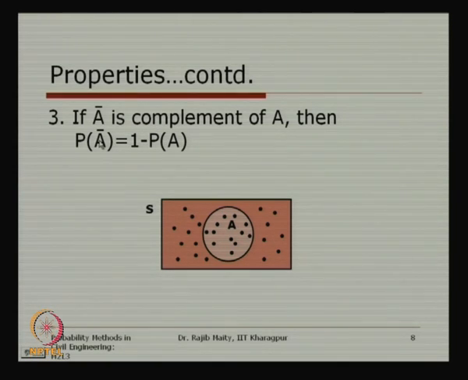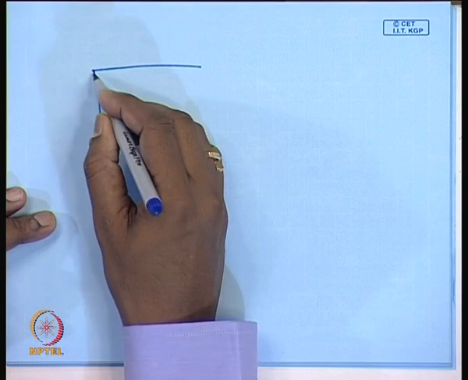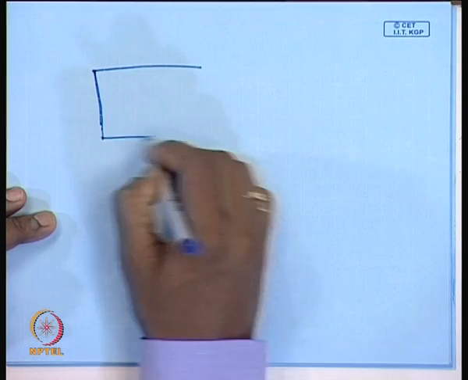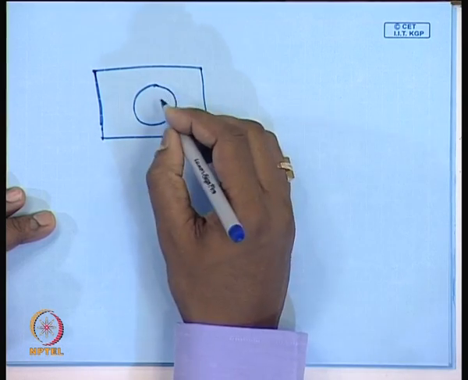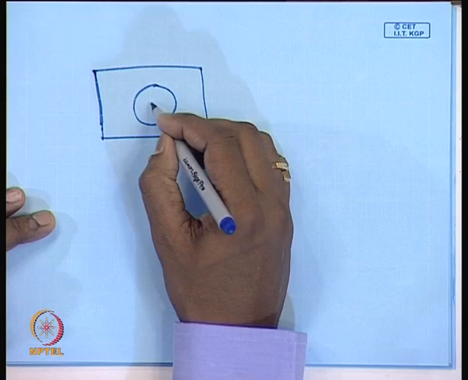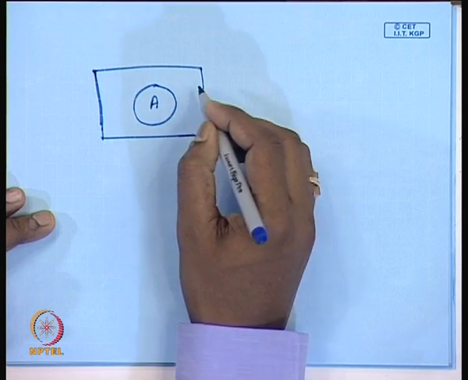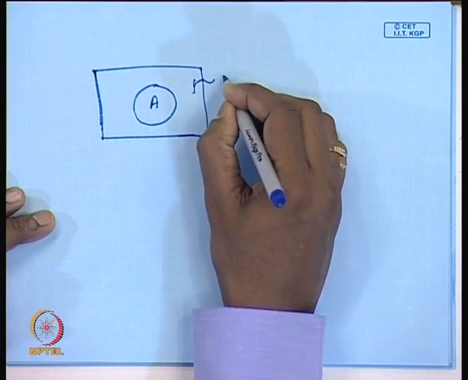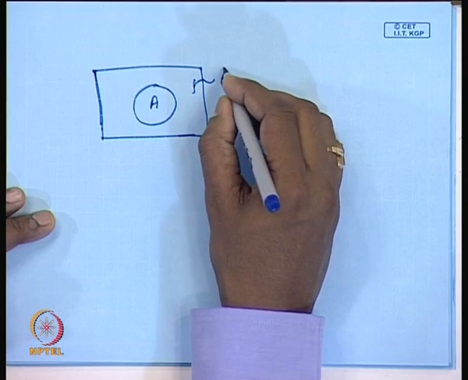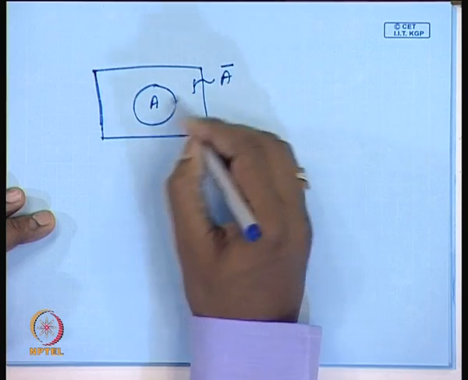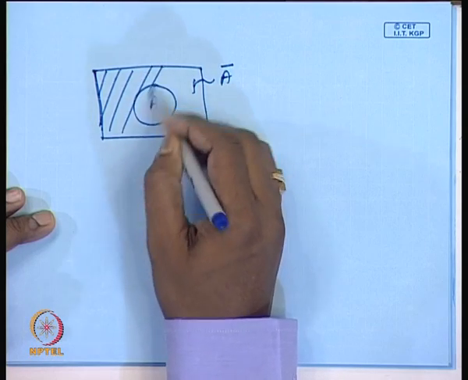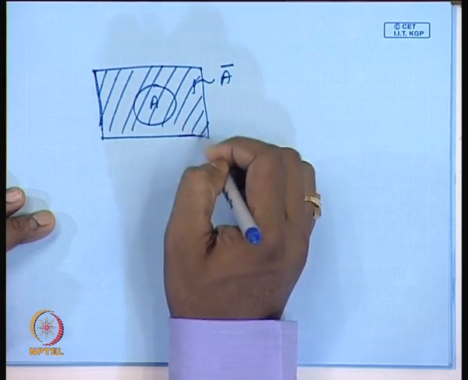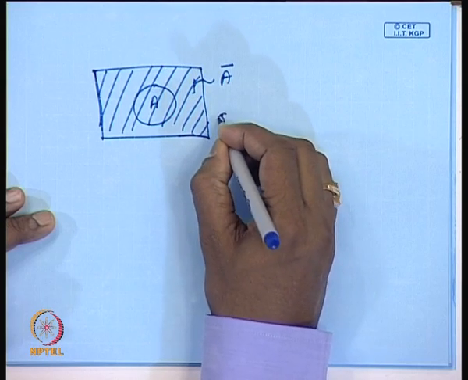Now, if this is your full sample space, and this is your event A, then this area is your event A complement. That means the union of these two events is nothing but the full set, which is your full sample space S.